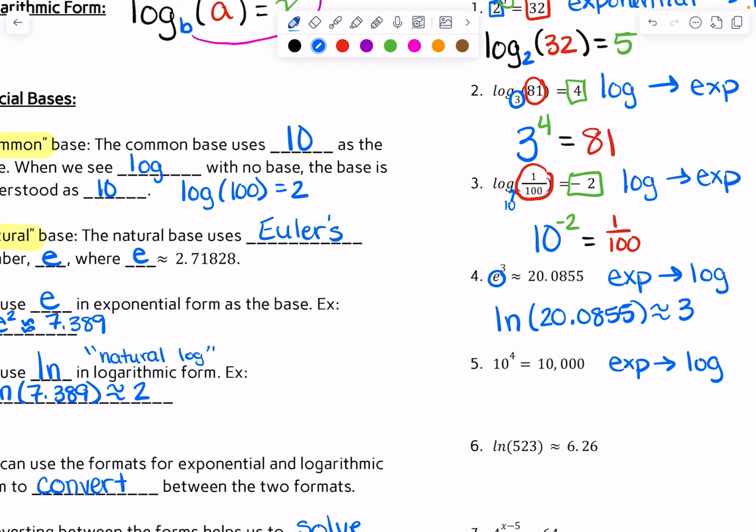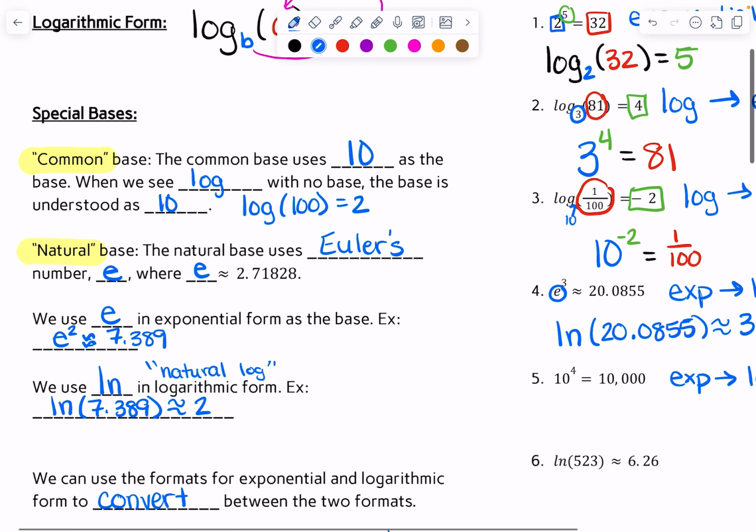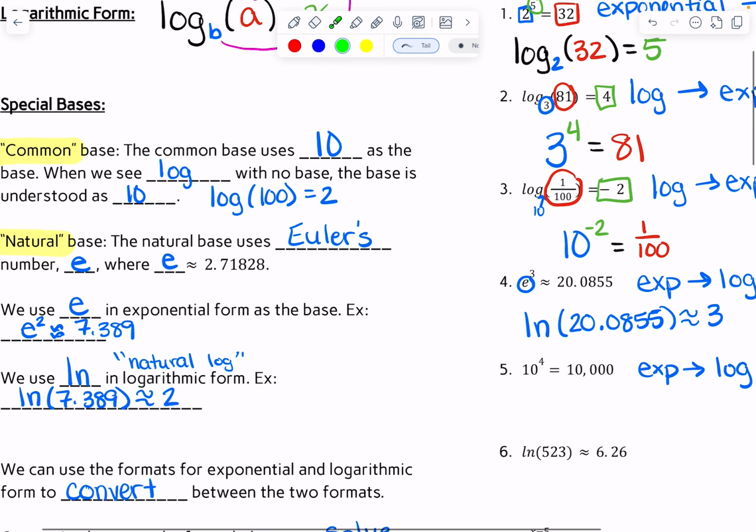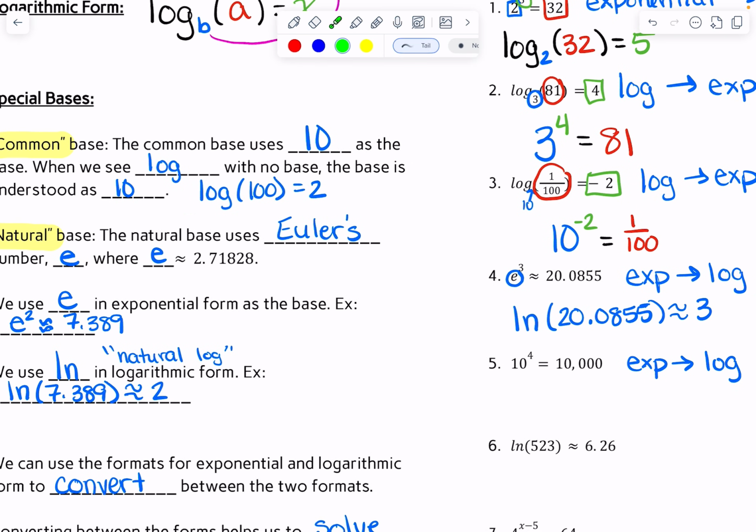So when I have a base 10, I know that base 10 is my common base. So I could write log base 10, but that's kind of redundant. So we understand it as just the log of my output, which was 10,000, equals my exponent of 4.